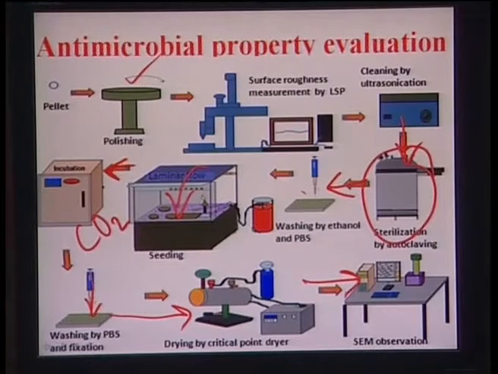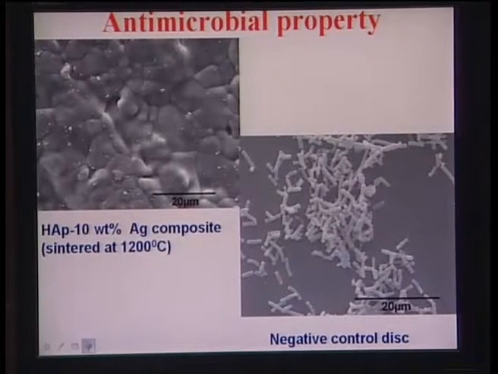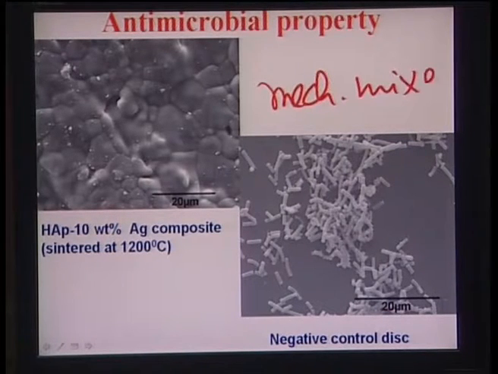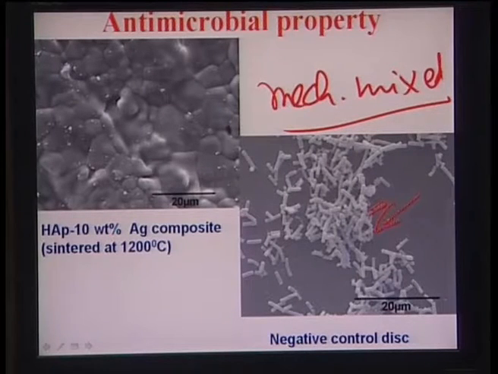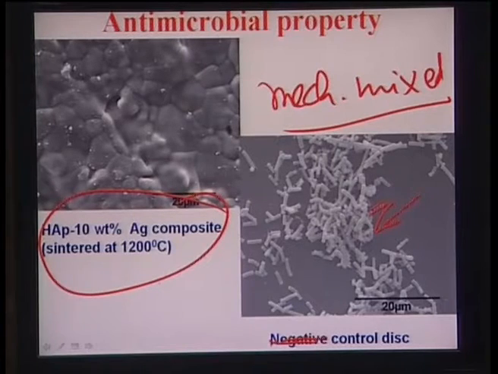Now this is the antimicrobial property of the mechanically mixed powder, that is the planetary ball mill powder, after you sintered them. Now this is the E. coli bacteria, rod shaped, as you can see on the negative control disk. And you have this hydroxyapatite 10% silver composite which is sintered at 1200 degrees Celsius.